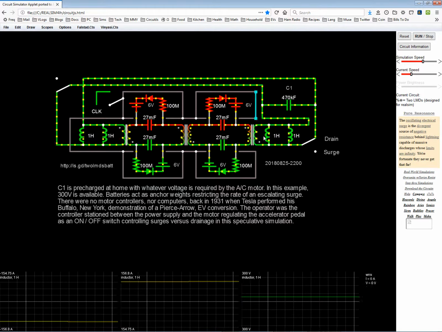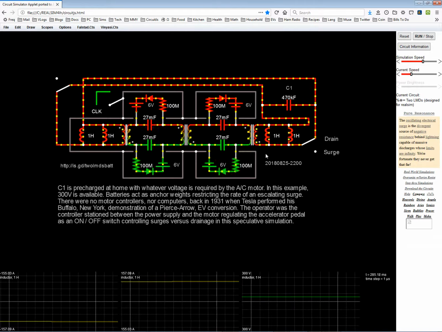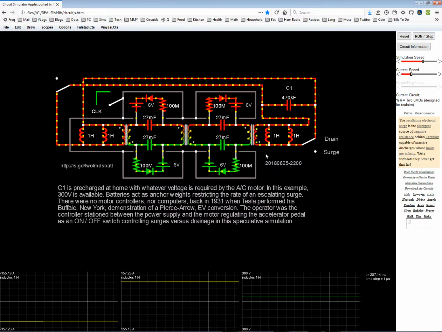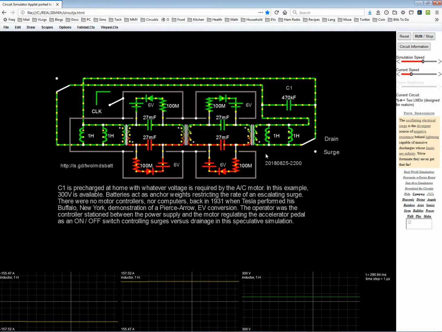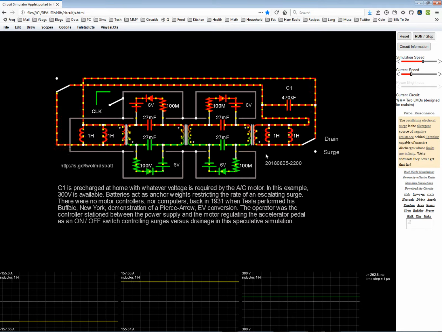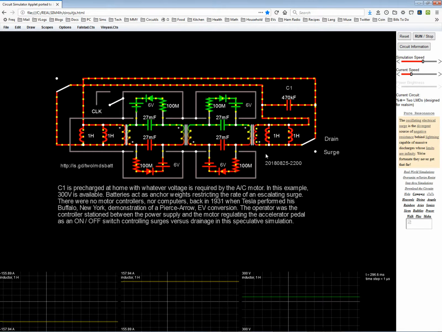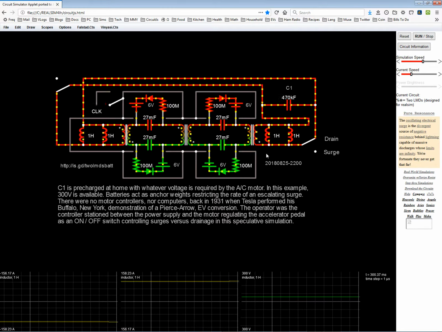So there is no motor controller required here. That's what I was shooting for, a design that would strip away all of the excess baggage that electric cars have in today's world and bring things back down to their simplest level to appreciate what Tesla was dealing with in his day and age.